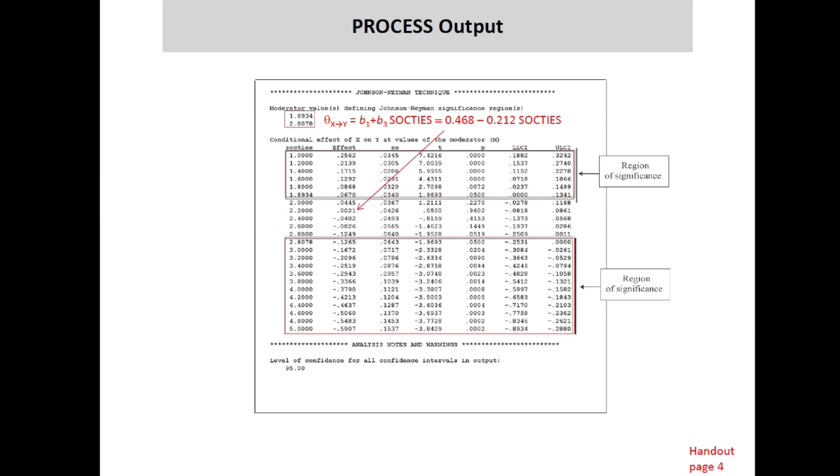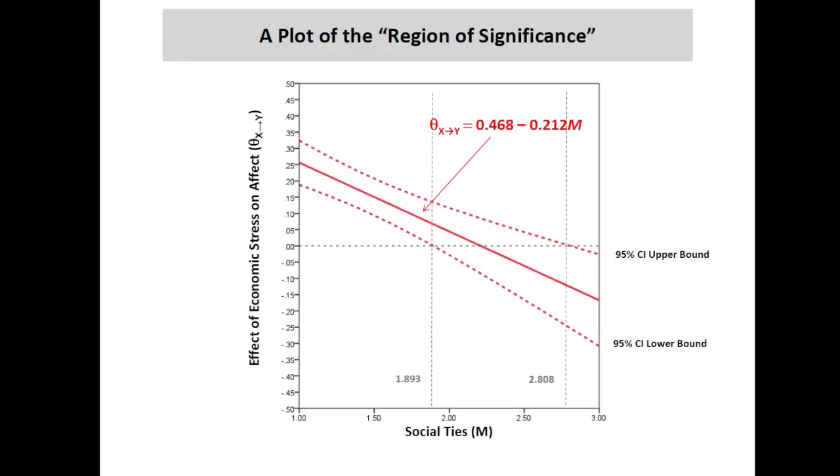It creates a sort of tabular representation of a figure like this. So this is a plot of the regions of significance. Normally this would be like an outcome variable, like y, but no, this is an effect. This is theta xy here on the y-axis. Here's our moderator. The red line is that function, theta xy.